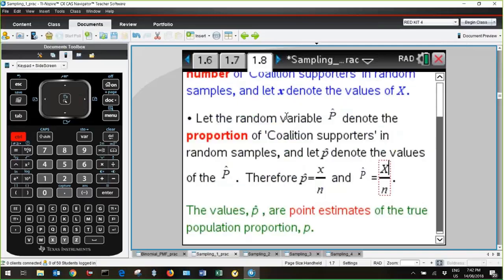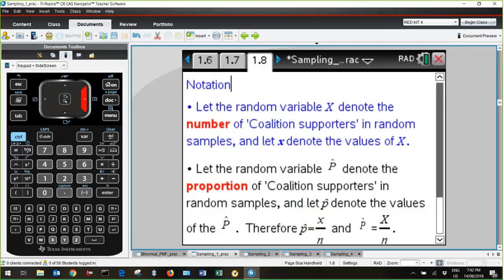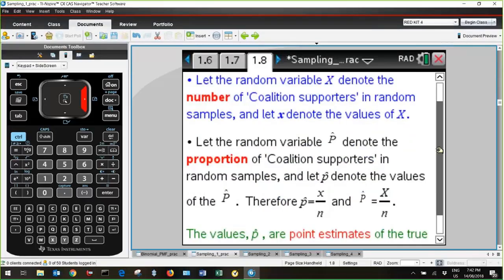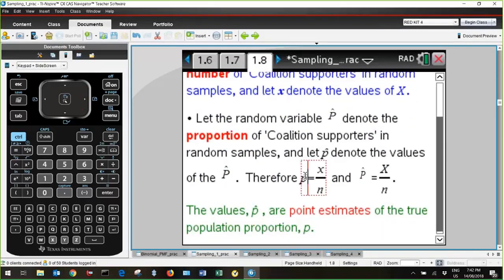Okay, just notation: the capital X is the random variable, in this case for the number of coalition supporters. Capital P hat is the random variable that denotes the proportion of coalition supporters. And so from that, we've got these formulas which arise naturally from that definition. Each value of lowercase p hat is a point estimate of the true population proportion.